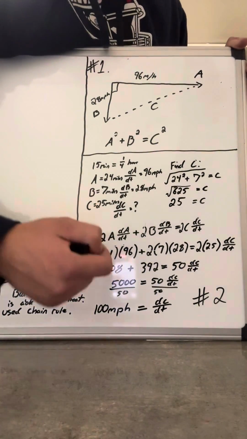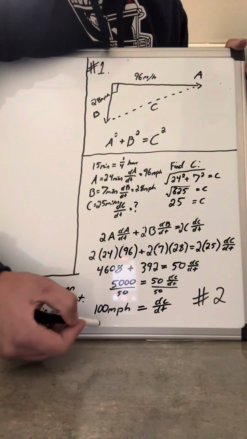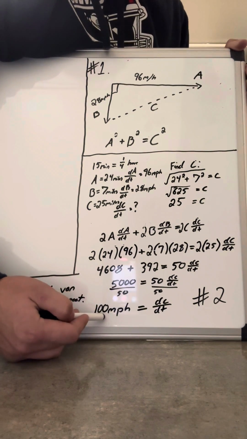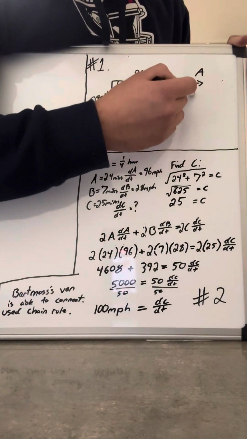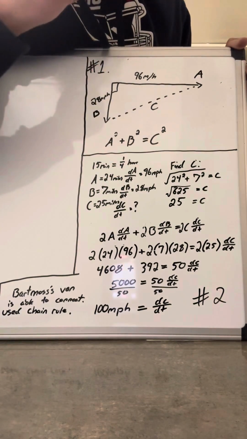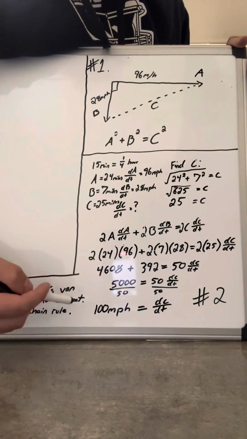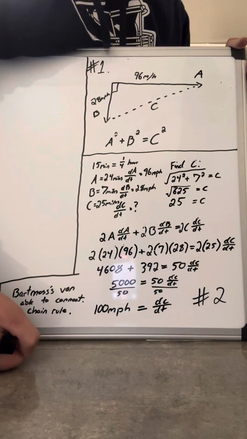You plug in all of your known variables, which leaves you with 5,000 over 50, which simplifies down to 100 miles per hour, which is your dc over dt, which is the rate the distance between them is changing. And Bart is able to connect to the van because this is less than 111 miles per hour, so the van is stable.